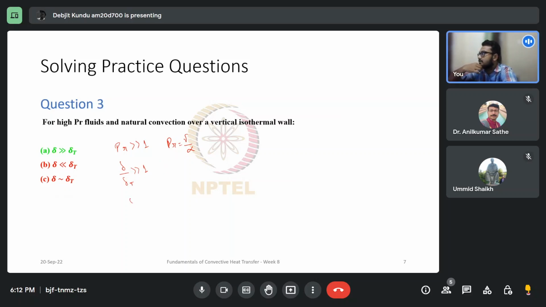So this means delta would be much greater than delta T. That's why option A would be correct.